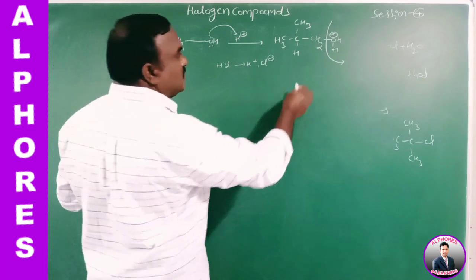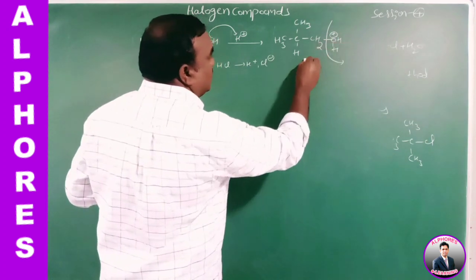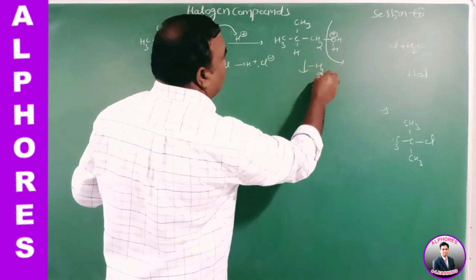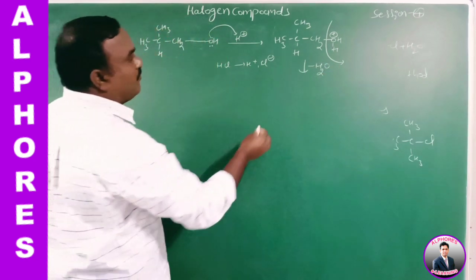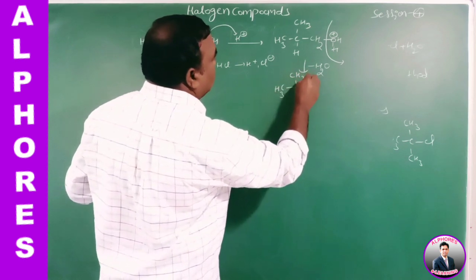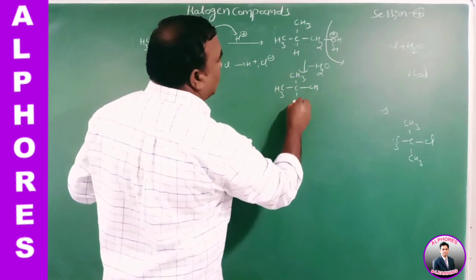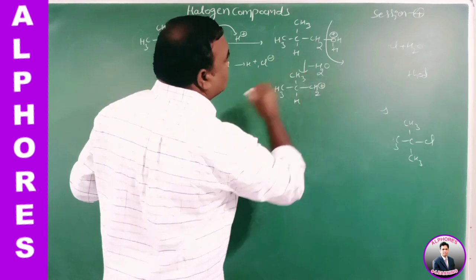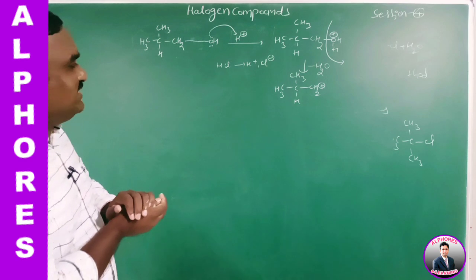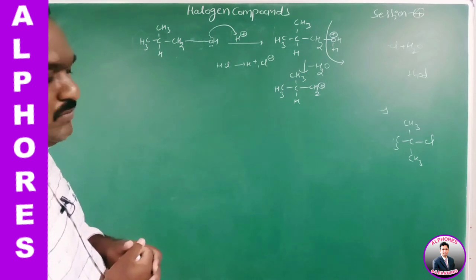The sigma bond electrons migrate towards oxygen, then water is removed, forming the carbocation CH2 plus. The formed carbocation is a primary carbocation.